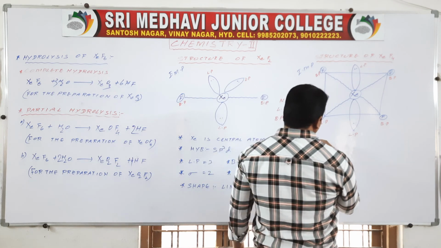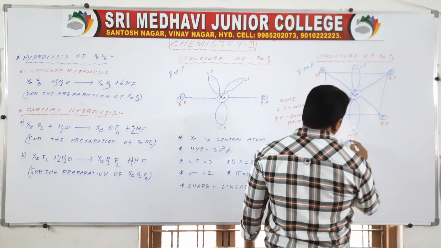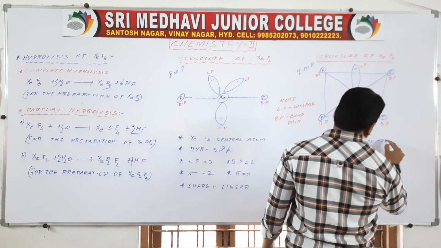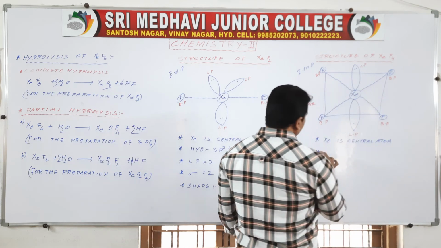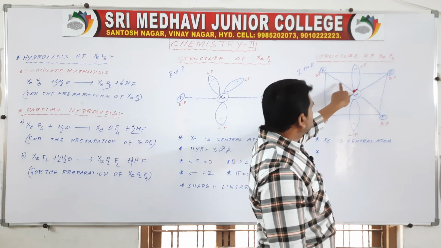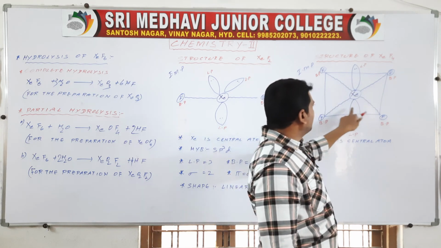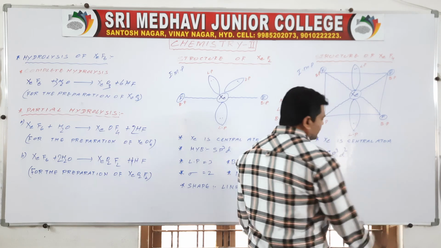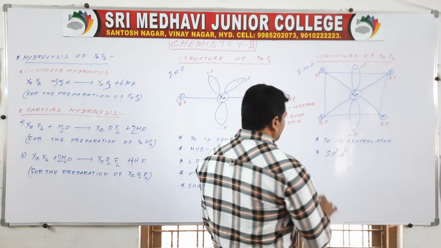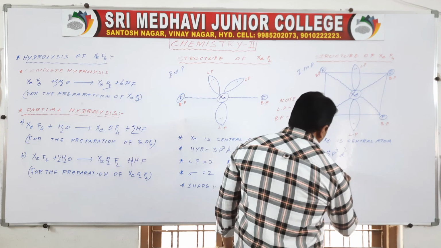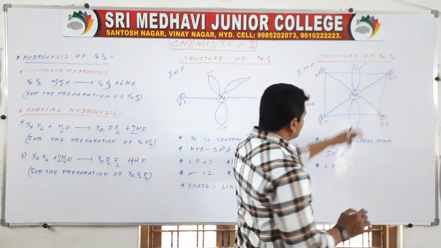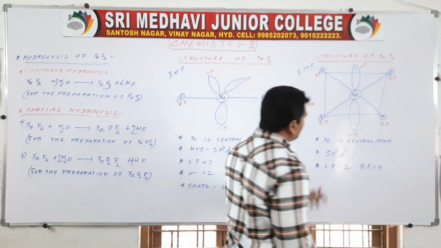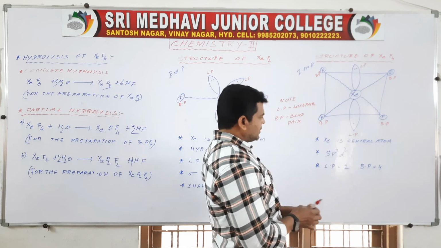So xenon is the central atom which undergoes sp3d2 hybridization. So lone pairs equal to how many? 2 lone pairs. So bond pairs equal to how many? 4 bond pairs. 1, 2, 3, 4.